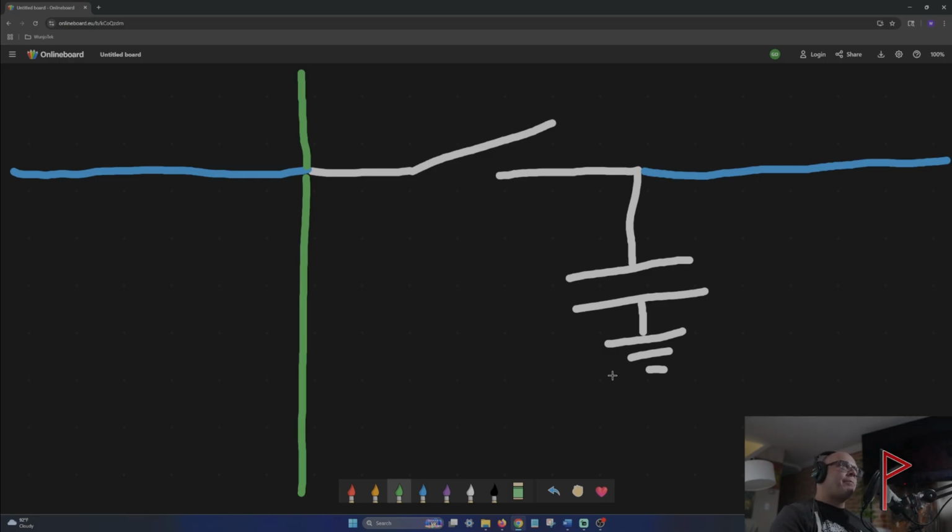So what's happening here, let's say that this, I'm filling this in with red here, because what I'm trying to represent is that this capacitor is holding 1 volt.